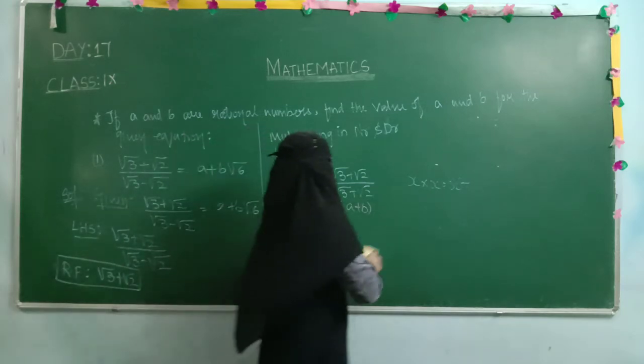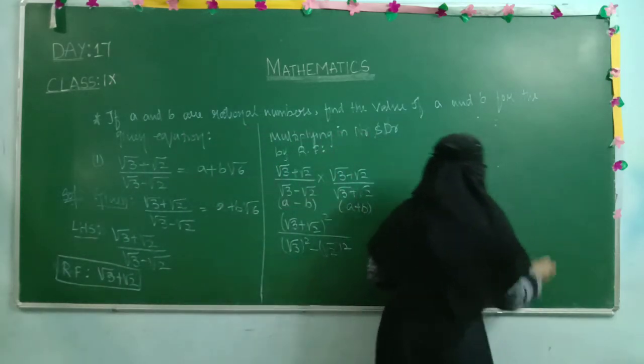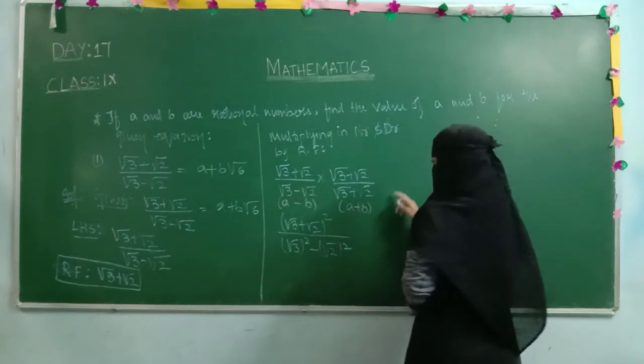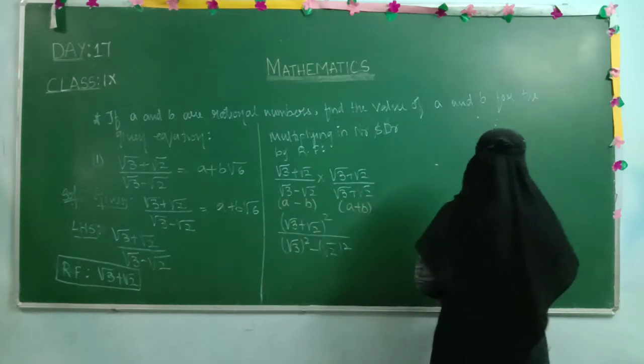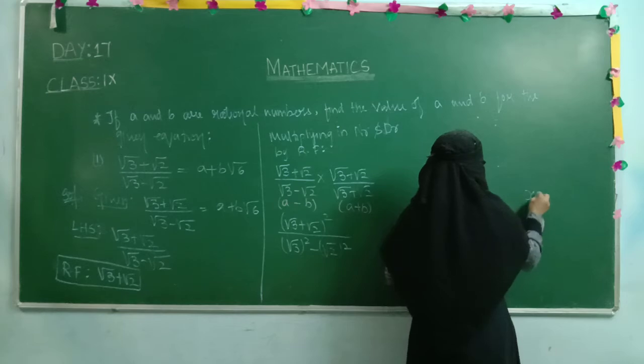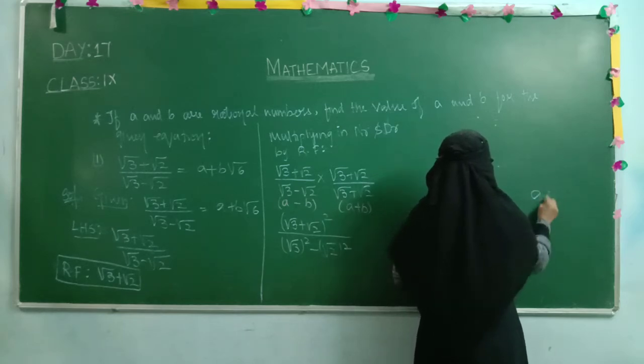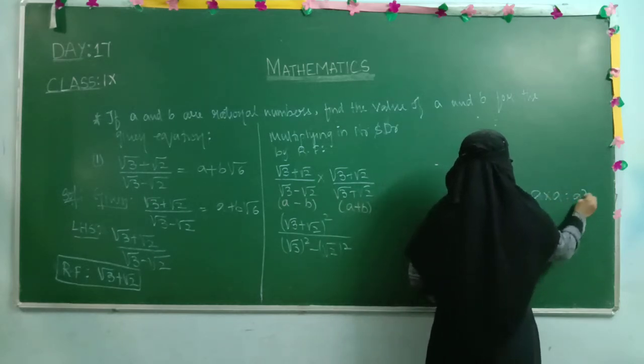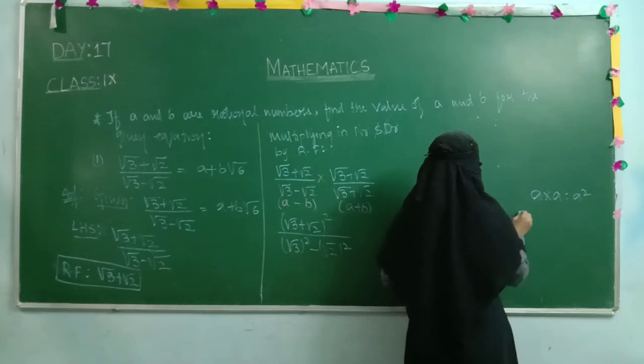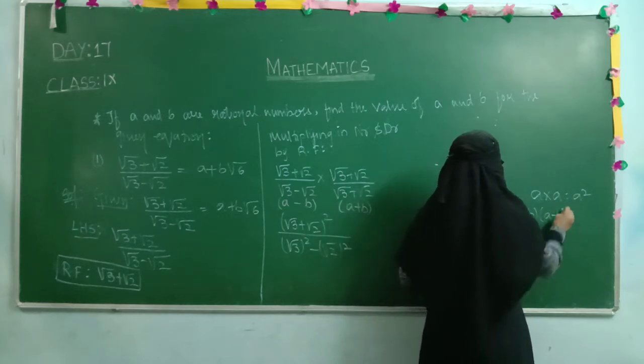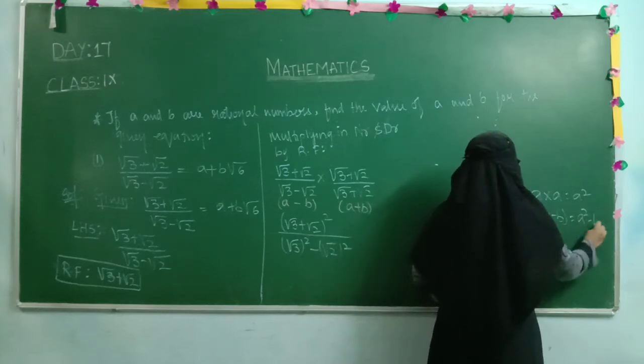How did we get this? Here I will write. a into a is a square, the first form. Then a plus b into a minus b gives a square minus b square.